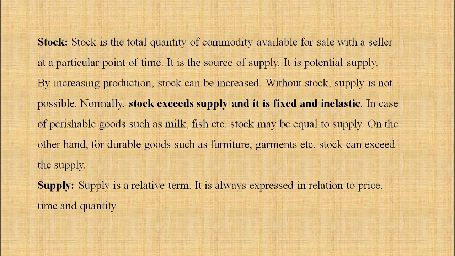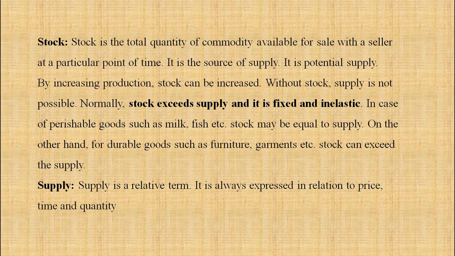On the other hand, for durable goods such as furniture and garments, stock can exceed supply, because the supplier can wait for a higher price, as they are durable and cannot get destroyed. This is about stock. What you have to understand here is that stock exceeds supply and it is fixed and inelastic.